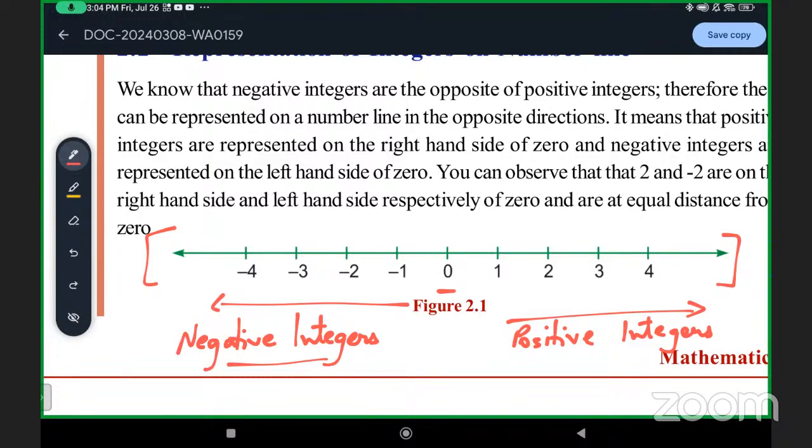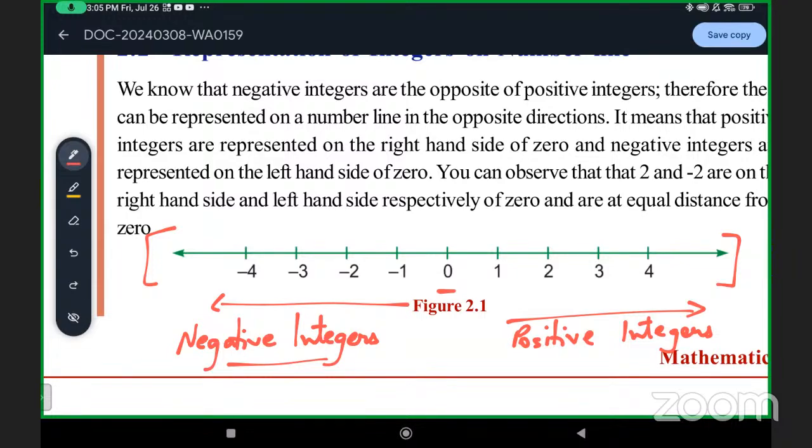Now, positive integers are all greater than zero. Like 1 is greater than 0, 2 is greater than 0, 3 is greater than 0.